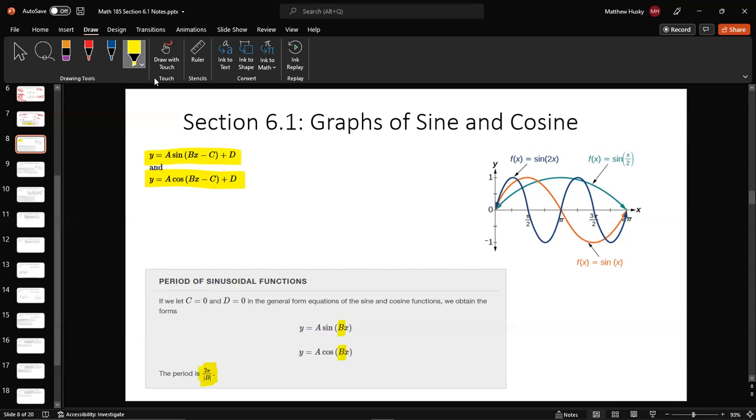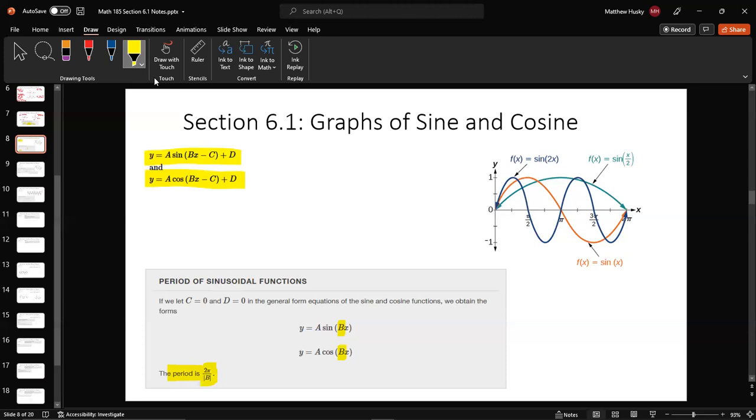What B does is it changes the period. The standard period is 2 pi, and you would divide by the absolute value of B. They do have absolute value lines on there because you're basically going to disregard the negative sign.